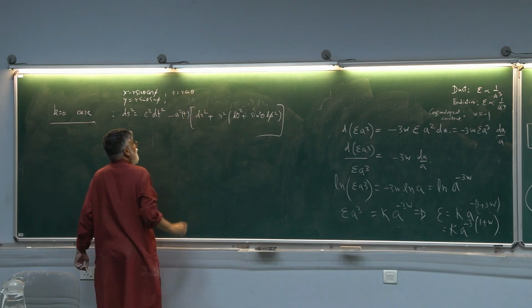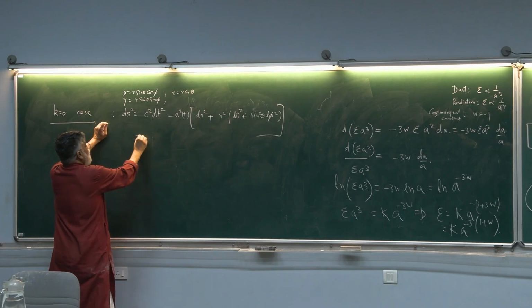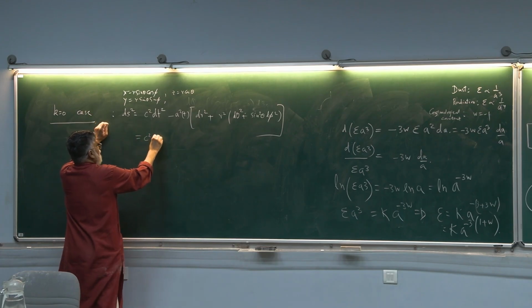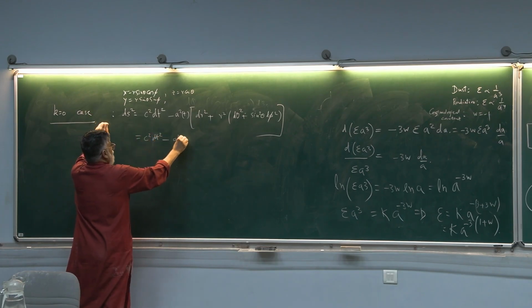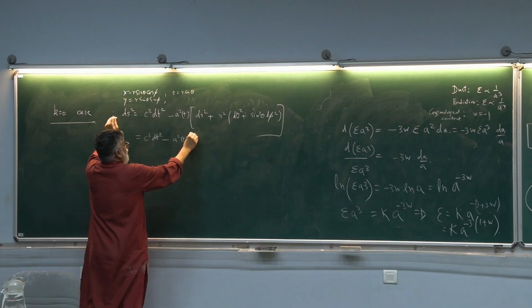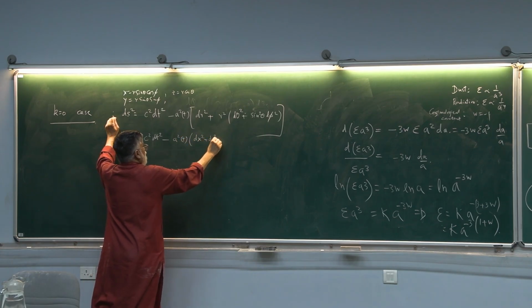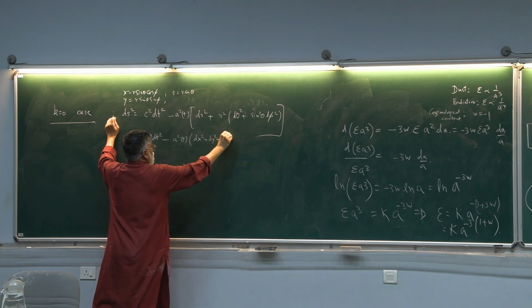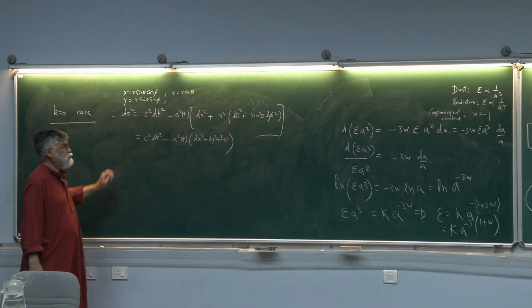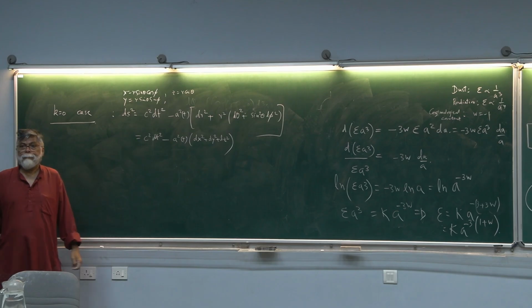When I do that, the whole k equals 0 model can be written as c squared dt squared minus a squared(t) times dx squared plus dy squared plus dz squared. Okay? All right?